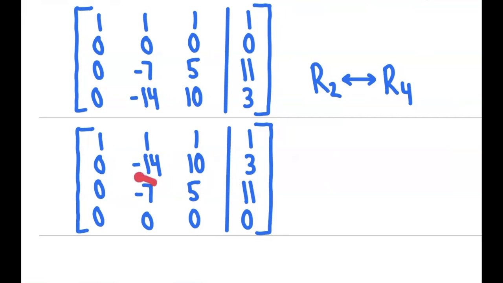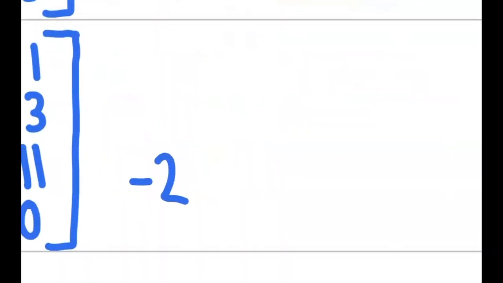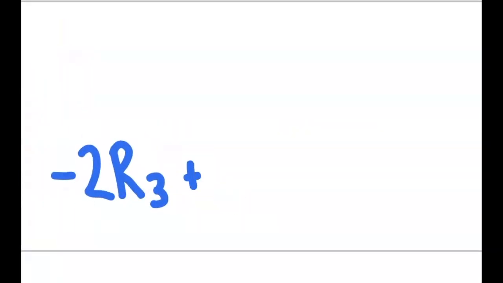I see a -7 and a 5 here, and I see double that in the row above it, -14 and 10. So instead of getting a 1 here and a 0 here and all that stuff, I'm going to just multiply the third row by -2 and add it to the second row.